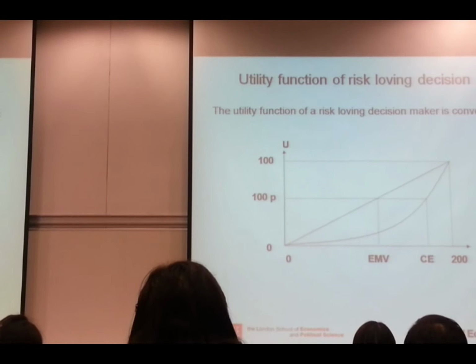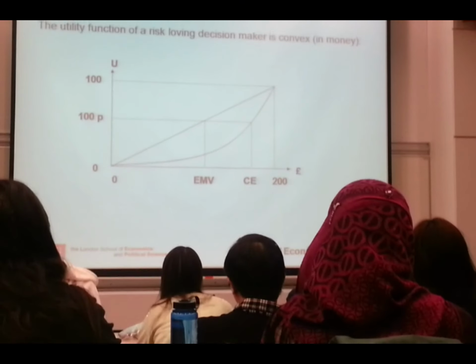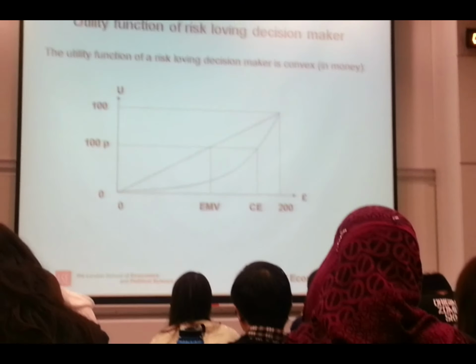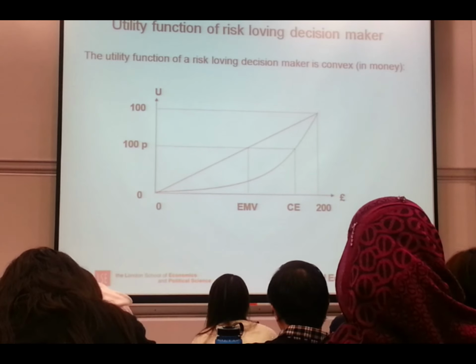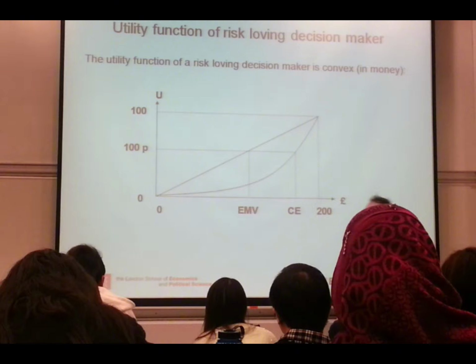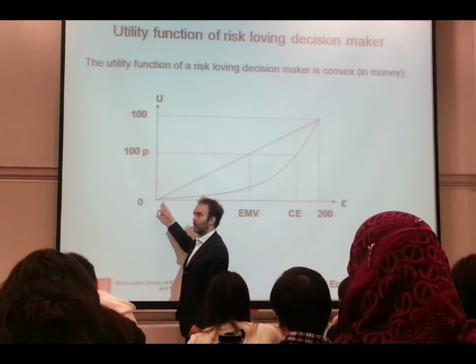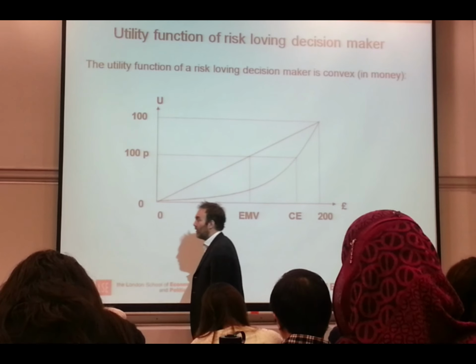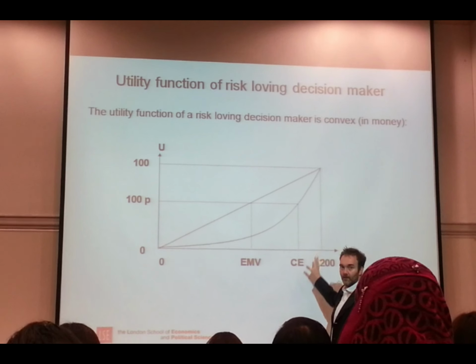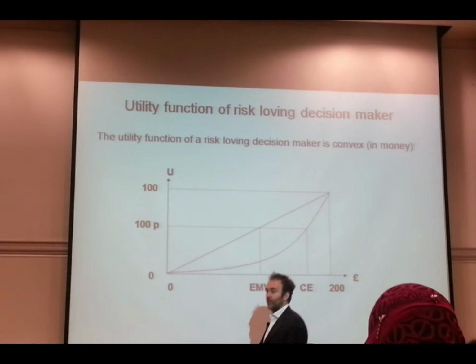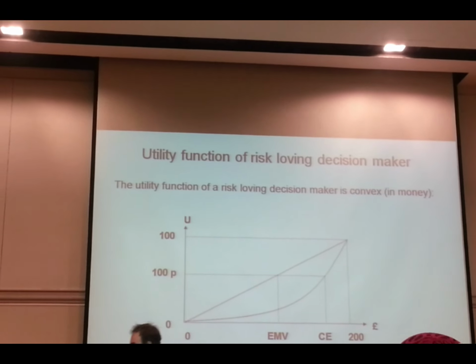For a risk-loving decision maker, he basically doesn't care if he's poor or somewhat less poor. So he doesn't care much if he gets 0 or 10 pounds. What he cares about is a higher probability of making the big prize. If you think of Mark Zuckerberg, for example, he dropped out of Harvard.